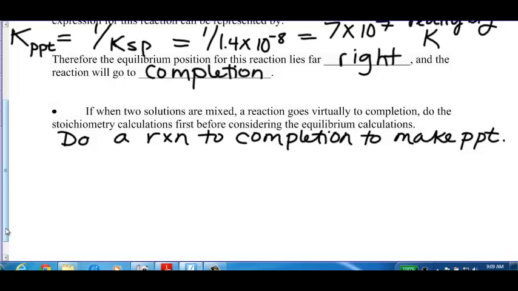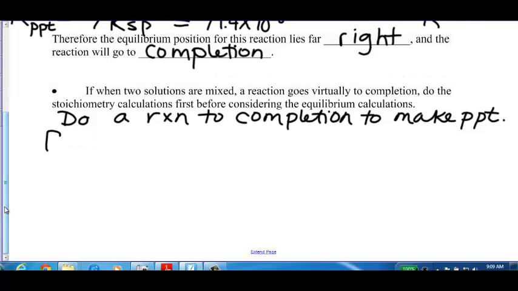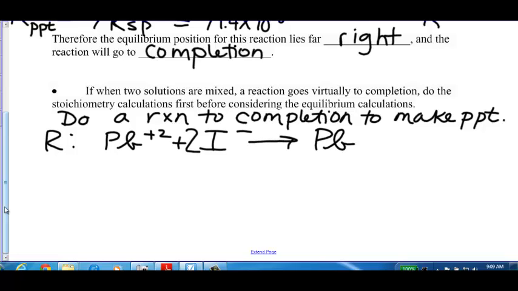A RICE box, right? Isn't that what we called them? So our reaction is Pb2+ plus 2I minus going to make PbI2 solid. Okay? And we're going to do our initial millimoles here. Now this initial millimoles is when they're mixed, right?